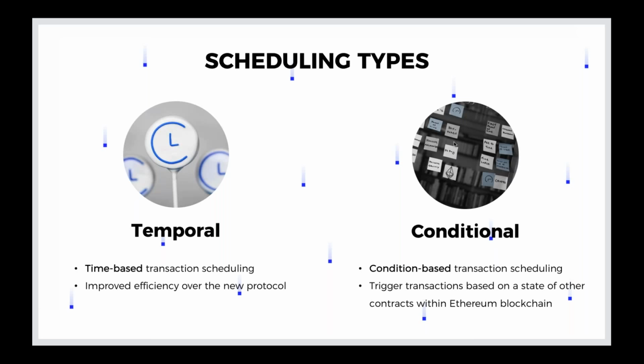The second type is conditional based scheduling. This is something that we're really pumped about. So what is this conditional based scheduling? It triggers transactions based on a certain action within the blockchain, so a change of state in another contract.